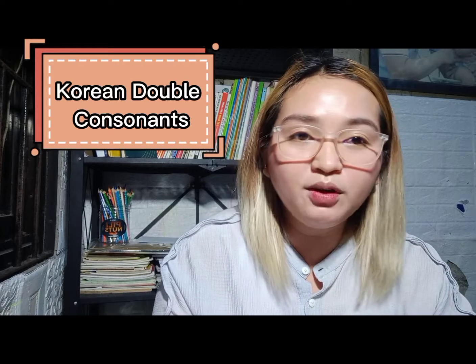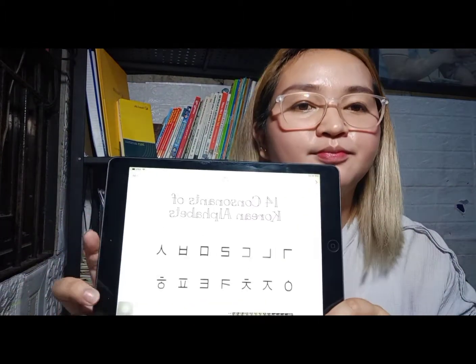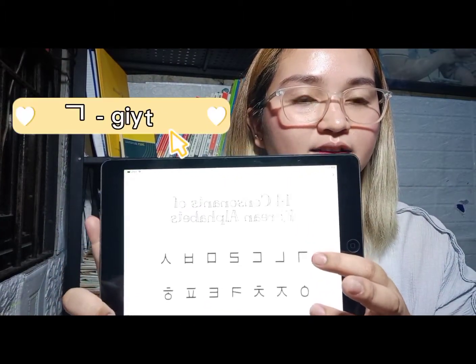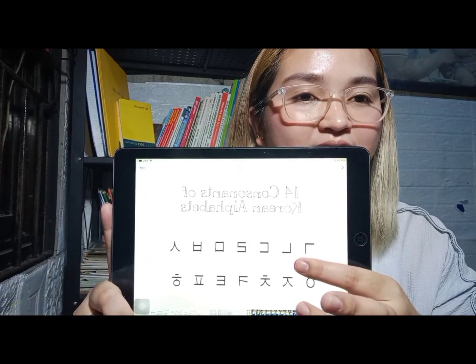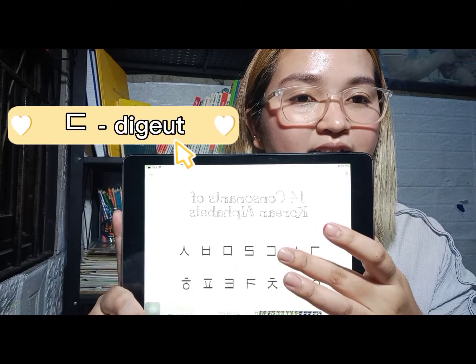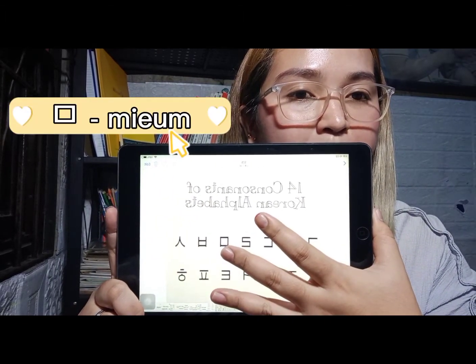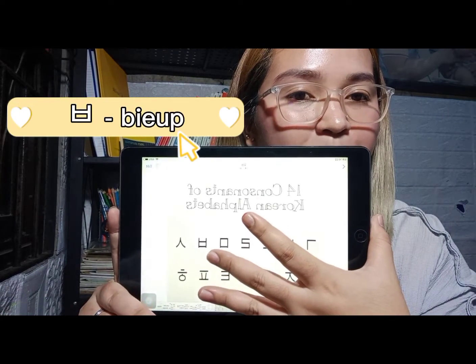Our first topic is about the double consonants of the Korean alphabet. And I think we are already familiar with the 14 consonants of the Korean alphabet, which are the following. Kiyok, nian, tiget, liel, miem, peep.